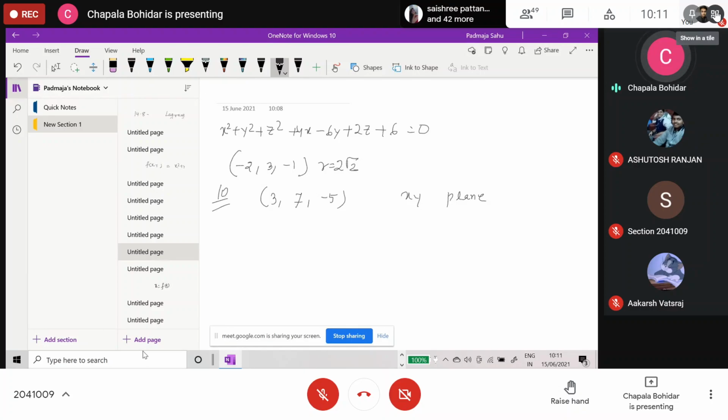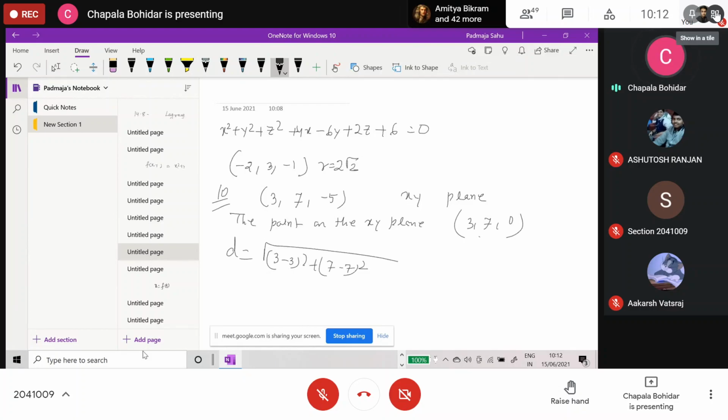The point on the xy plane has z as 0, so it is 3, 7, 0. So the distance d is equal to the root of (3 minus 3) square plus (7 minus 7) square plus (0 minus 5) square. So we get 5, or not?